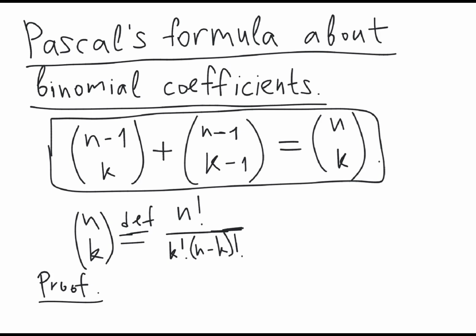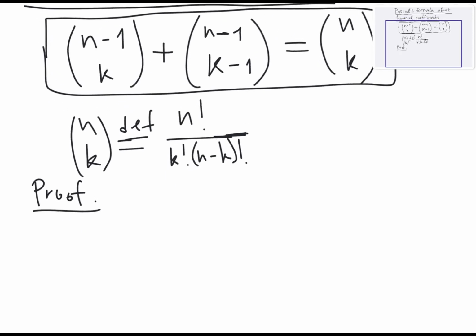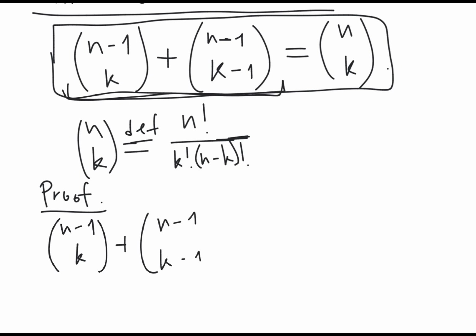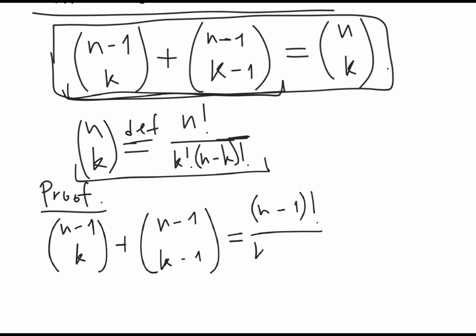So basically we just expand the binomial coefficients by definition on the left hand side. So we start with the left hand side and we expand both of them: C(n-1, k) plus C(n-1, k-1). So this is the definition, right? We write it as n minus 1 factorial over k factorial times (n minus 1 minus k) factorial.